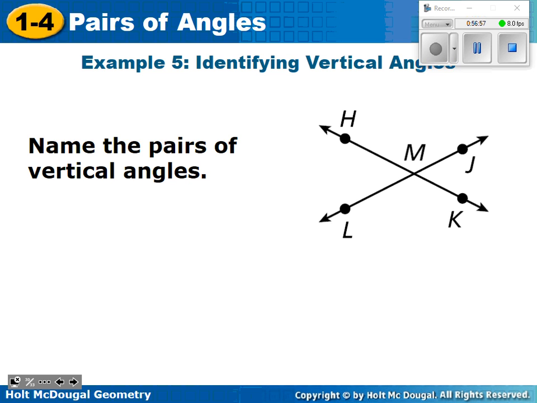Does everybody agree that the top and bottom angles are vertical? Okay, so it said name the pairs of vertical angles. This would be one pair, but there's another pair. Jacob? Angle JMK, and what is vertical to it, Jacob? Very good. Angle HML. So left angle and right angle. Are we all clear on vertical angles?